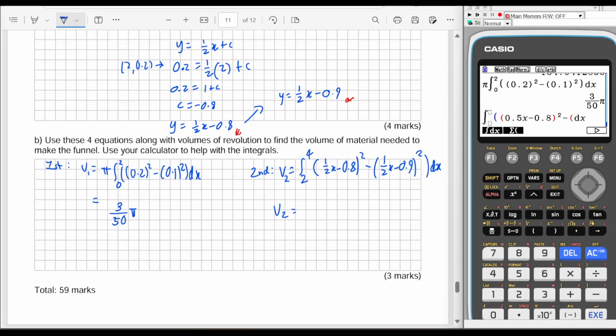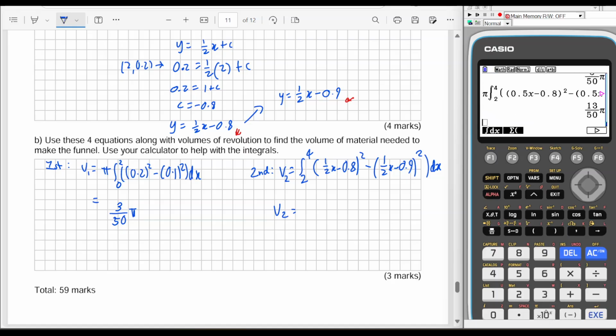Take 0.5x take 0.9, and we'll square that. Make sure if you're using an emulator like this, you press the X button and you don't type X, otherwise you get into trouble. We've got to integrate it from 2 to 4, and we're supposed to times it by pi as well.